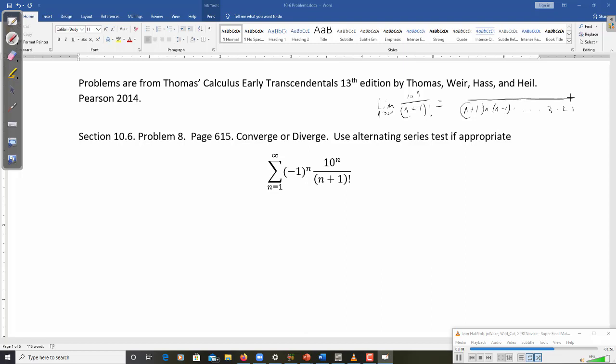You have n tens on the top, so 10, 10, 10, 10, and 10. If you ignore the 10 over 10 factorial, then you're just left with 10 to the 10th over 10 factorial.